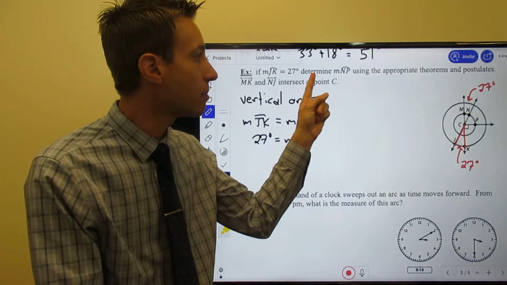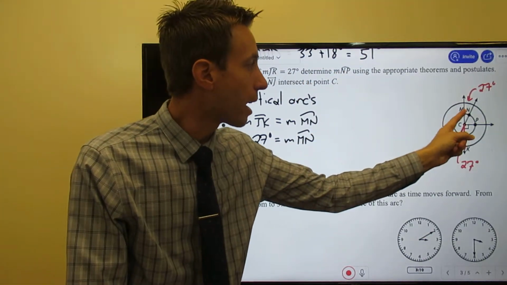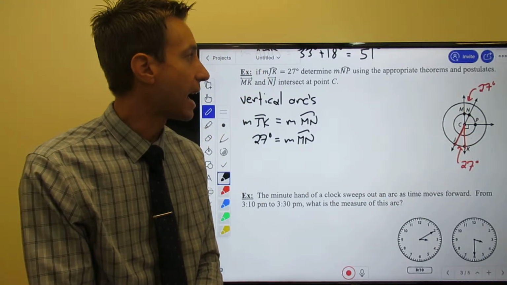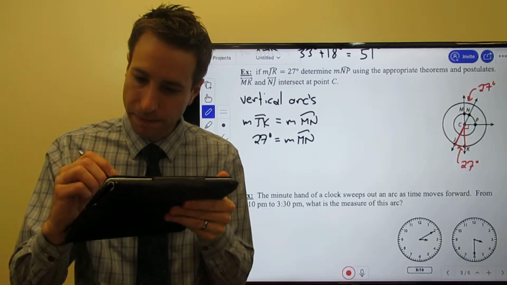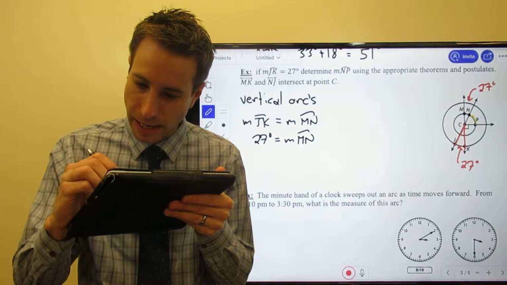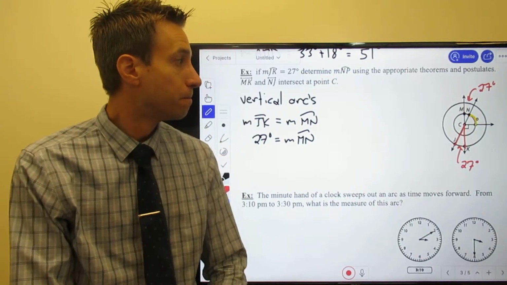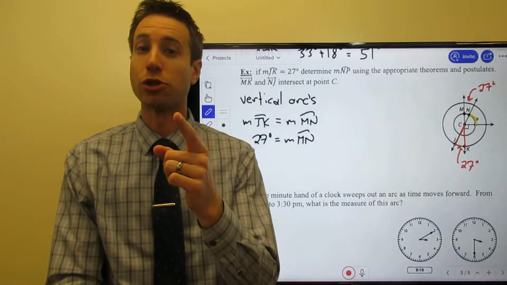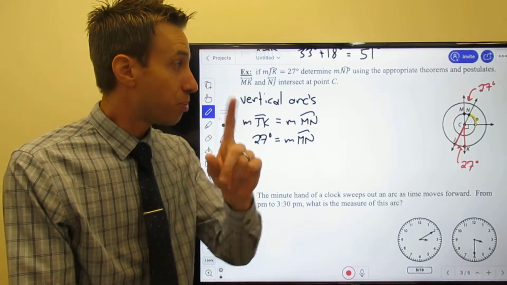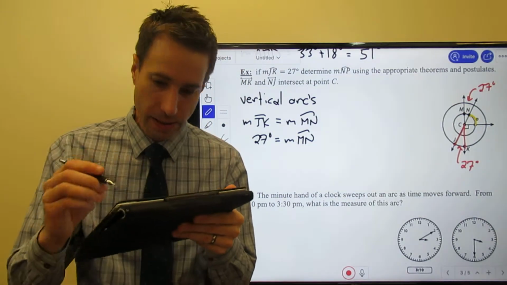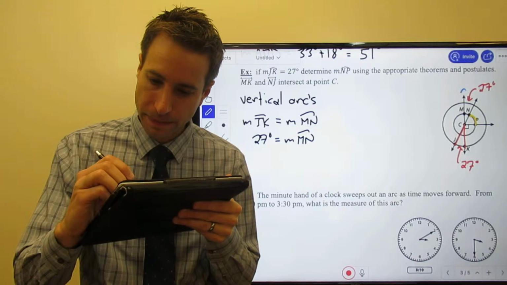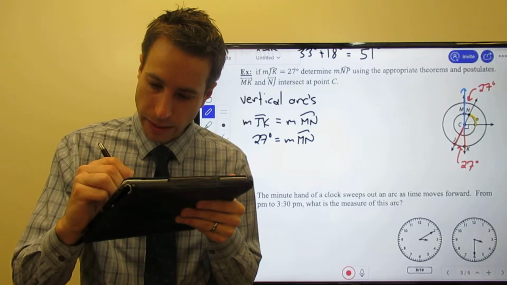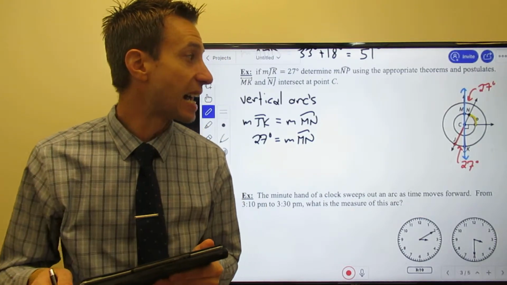Okay, let's see. Determine NP. I want you to find arc NP. Let's go ahead and put NP. I'm looking for this guy right here. Ooh, interesting. Please notice that MK, this guy right here, is a diameter, right?